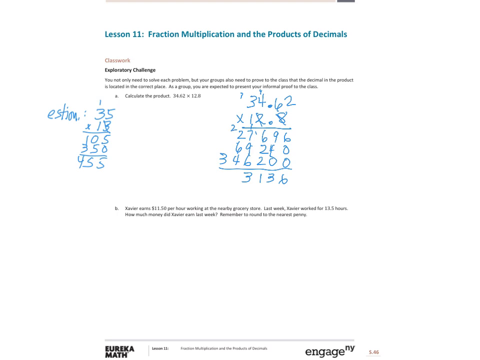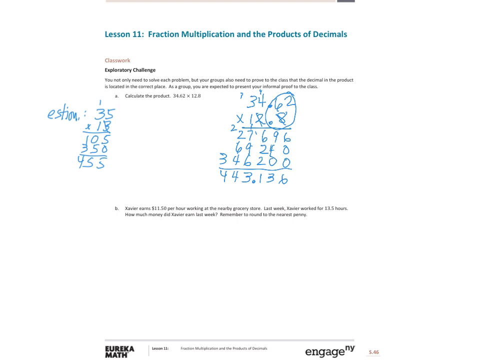There's 10, and 2 and 2 is 14, and 4. And I have 1, 2, 3 digits behind the decimal. So my final answer in finding the product is 443 and 136 thousandths.